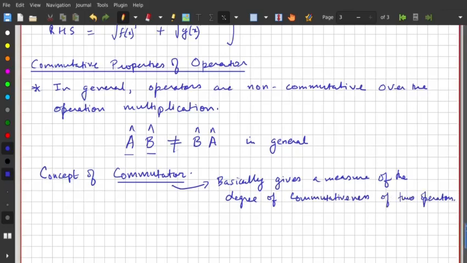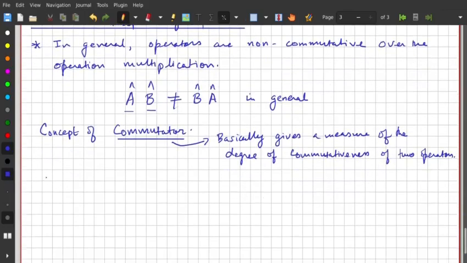So this symbol, square brackets A hat comma B hat, means the commutator, and this is read as the commutator of A and B.